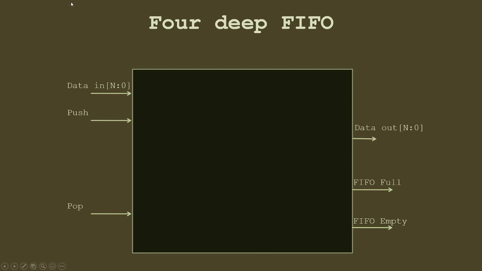By 4D, we mean that we can at max store four values in the FIFO. So if there are four pushes and there is no pop, that means we can't push anymore. Since this is a simple design, we don't handle that case, but we would say that whoever is pushing has to make sure they don't push if the FIFO is full. So we assert the FIFO full signal if we have four consecutive pushes without a pop.